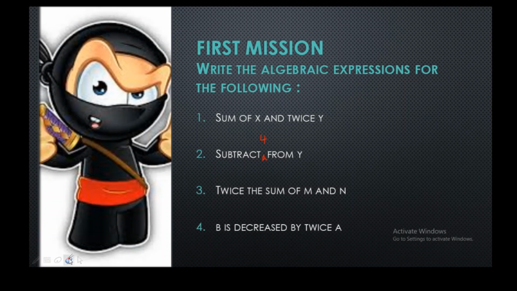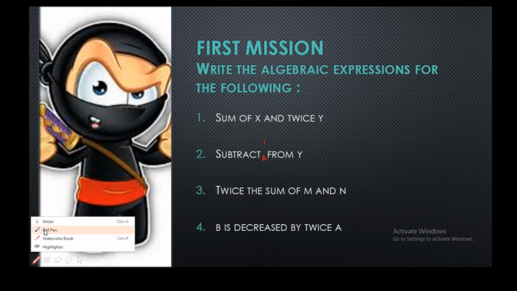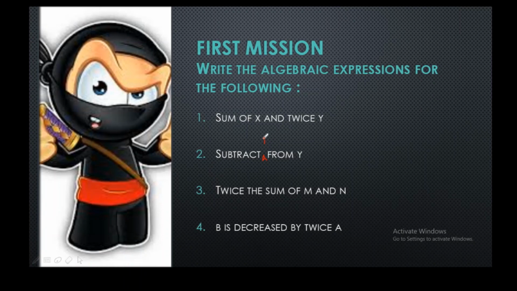So this, I should have written it in, let me just erase it. So this should be 4 because we are doing word problems here. So subtract 4 from y. Then the third one, twice the sum of m and n. Then b is decreased by twice a.